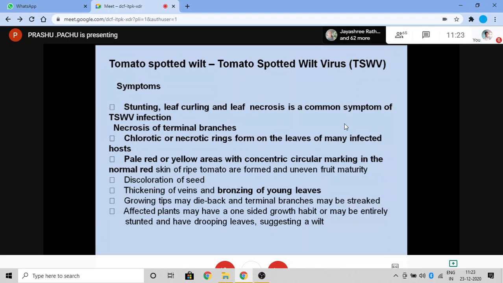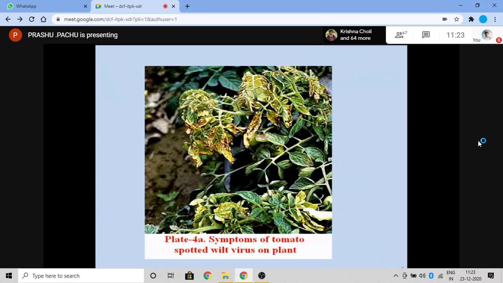This is a picture we have to see, where the youngest leaves are expressing curling, then yellowing, and necrosis of the tissues. So this is a typical symptom of this tomato spotted wilt virus disease. Here we can see the fruit surface, where we can see the presence of concentric rings, yellowish in color, mostly with a reddish background.